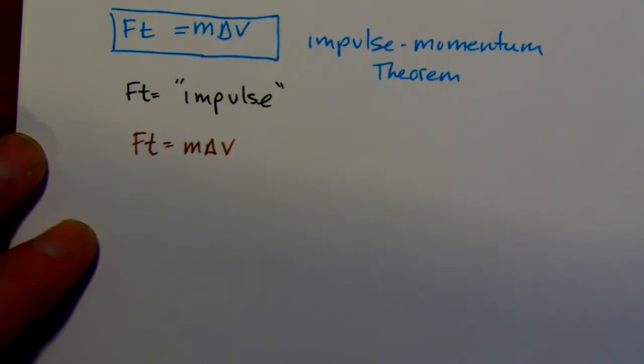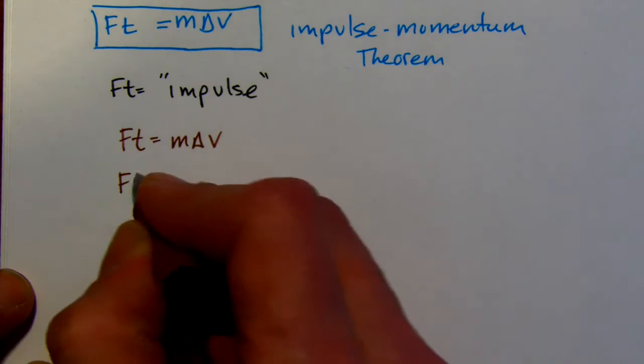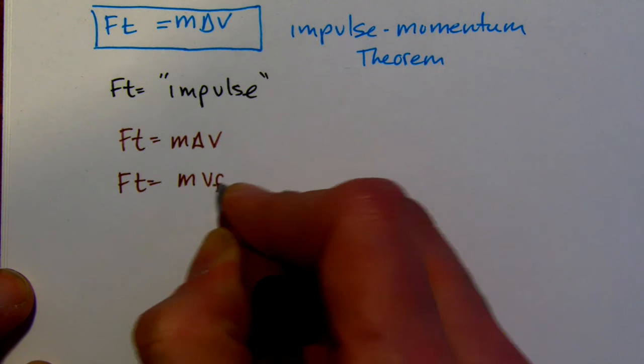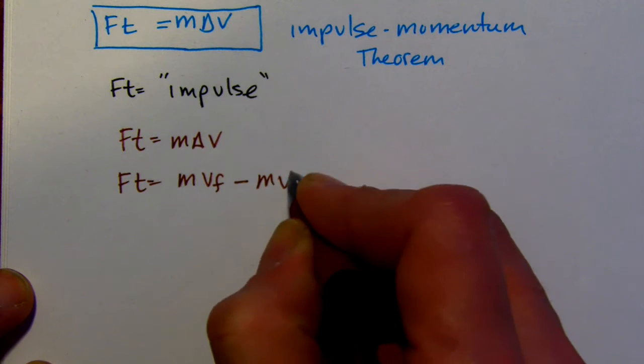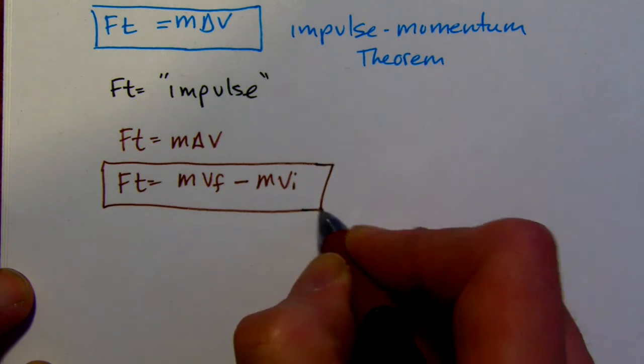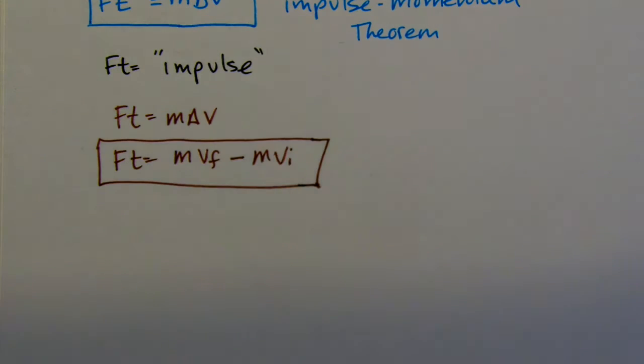Because it's the same mass, and because delta always means final minus initial, we now have a situation where we have m v final minus m v initial. You're going to see that that proves to be very useful for collision equations, because they're going to say something strikes something else and then it slows down, or some different velocity after the collision.